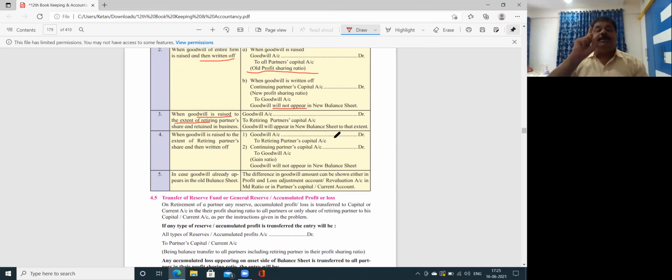Now, for example, out of A, B, C, Mr. B is the retiring partner. So the entry in number 3 will be goodwill account debit to B's capital account. Only B will get the goodwill. The goodwill will be credited to B's capital account and goodwill will appear in the balance sheet as an asset.